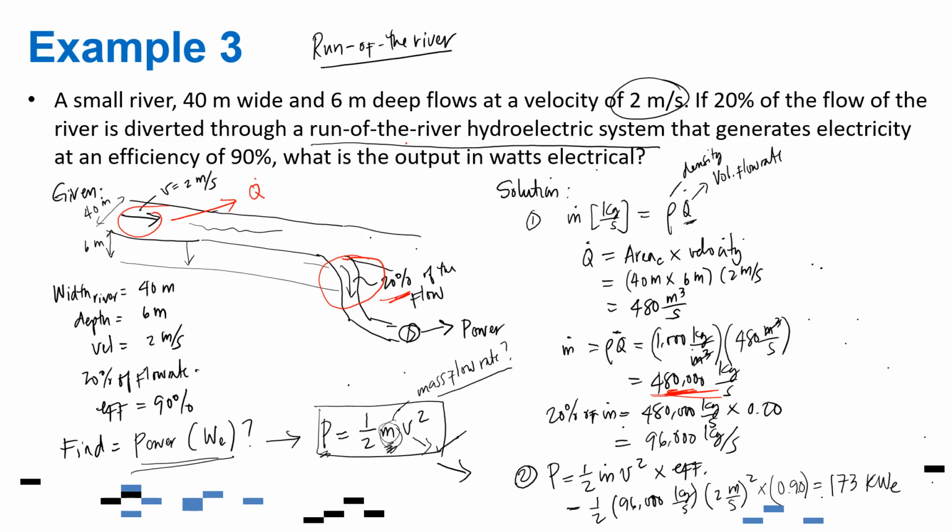So this is the answer in terms of kilowatts, so we can put this as 170,000 watts of electricity. So this is the power for the run-of-the-river system in this example.